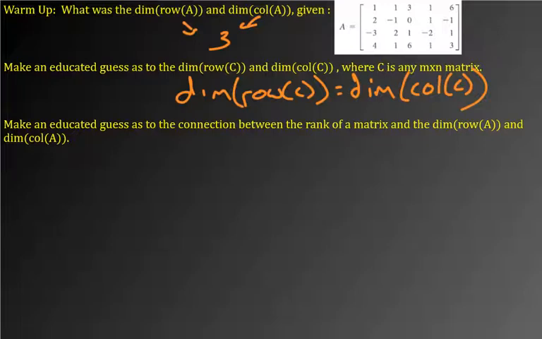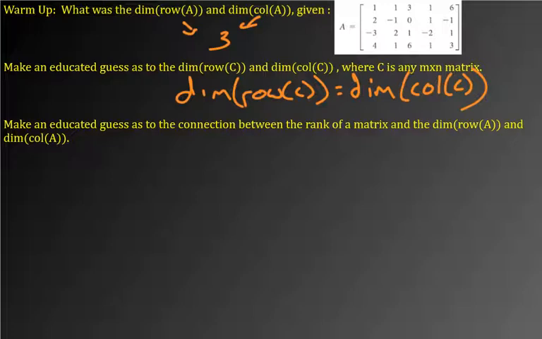Furthermore, there is a connection between the rank of a matrix and the dimension of the row or column space. If you go back and look at this example, the rank of the reduced matrix, in the RREF form, is the same here. It's what you need to do to figure out the rank, right? You can't just look at this and say the rank is 4 or something.